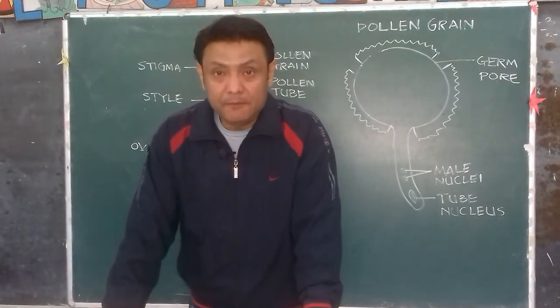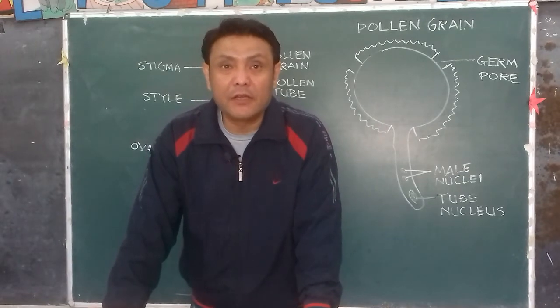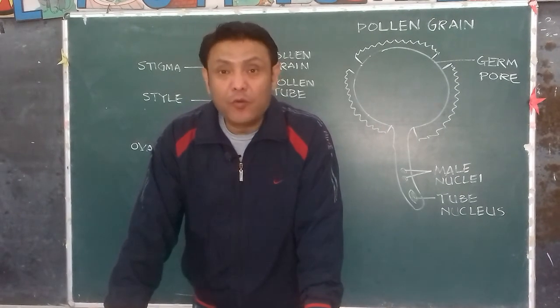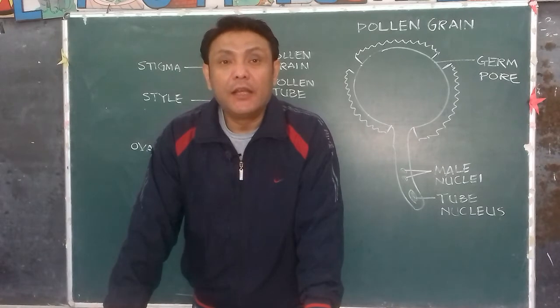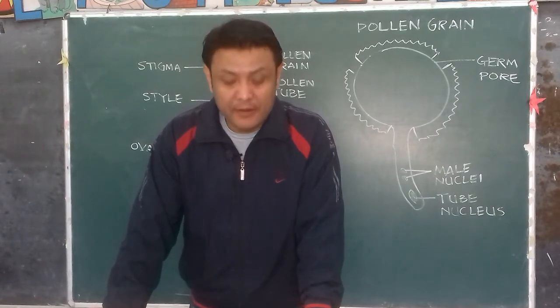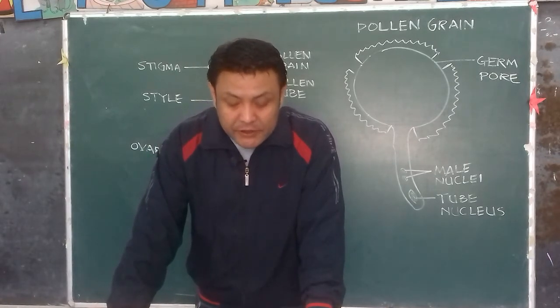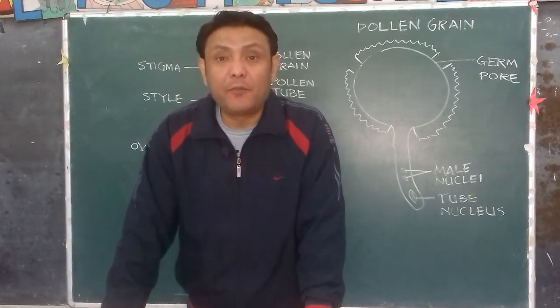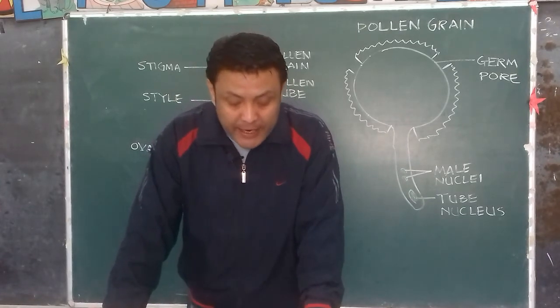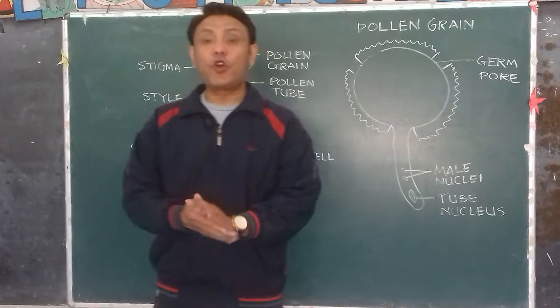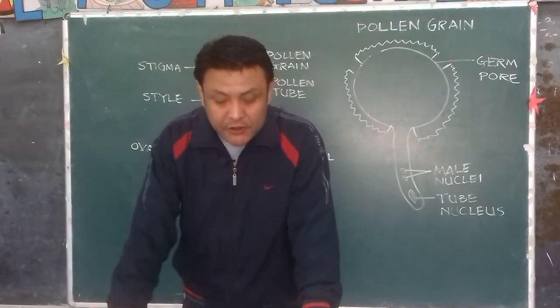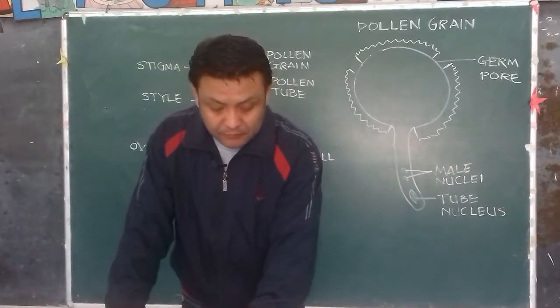For example, the bee. You must have seen bees buzzing around in the garden. What is it there for? Actually, it's there for the nectar. Pollination by insects, or entomophily, is the most common type of pollination that takes place.